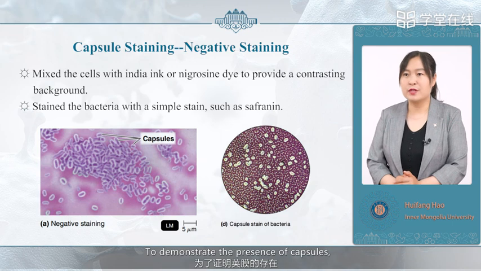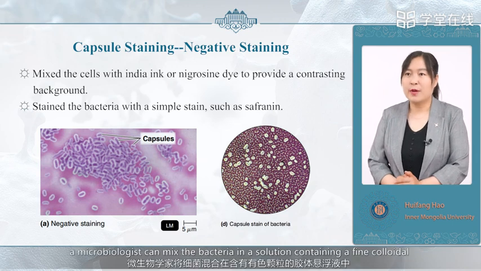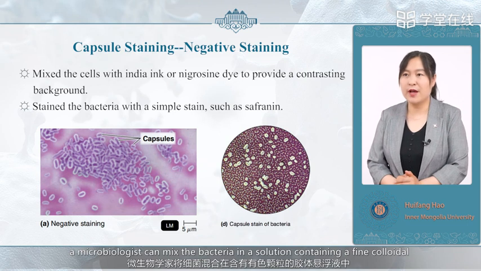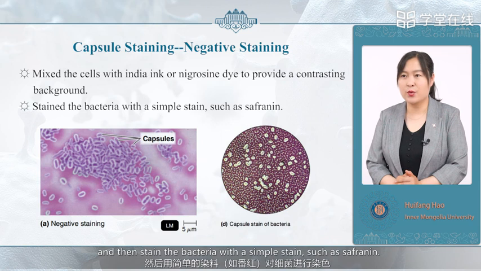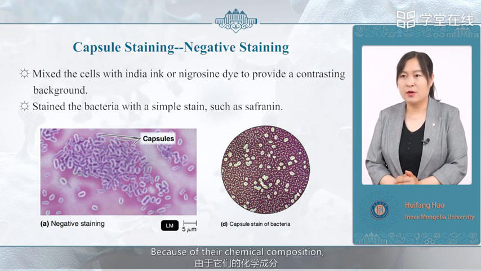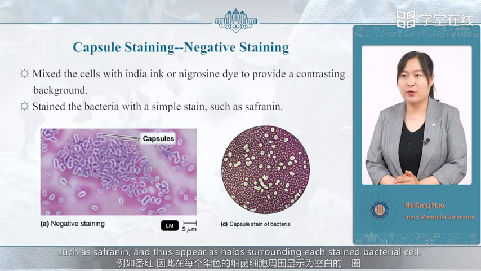To demonstrate the presence of a capsule, a microbiologist can mix the bacteria in a solution containing a fine suspension of colored particles to provide a contrasting background, and then stain the bacteria with a simple stain, such as safranin. Because of their chemical composition, capsules do not accept most biological dyes, such as safranin, and thus appear as halos surrounding each stained bacterial cell.